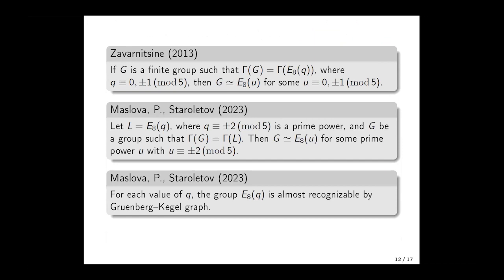And we are moving to, I'd say, the most intriguing results. Zvonimir in 2013 proves that if G is a finite group such that it has the same Gruenberg-Kegel graph as E8(q), where q is equivalent to 0 or plus minus 1 modulo 5, then G is isomorphic to E8(u) for some u that is equivalent to 0 or plus minus 1 modulo 5.